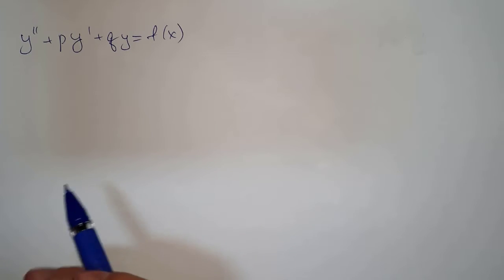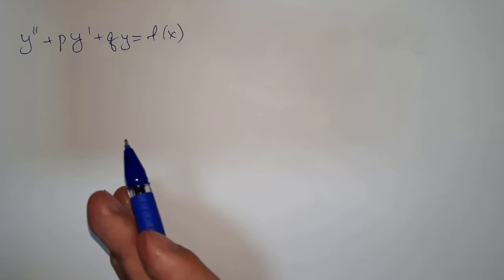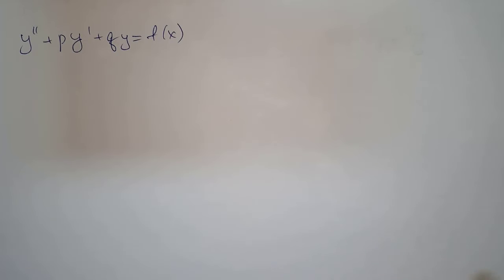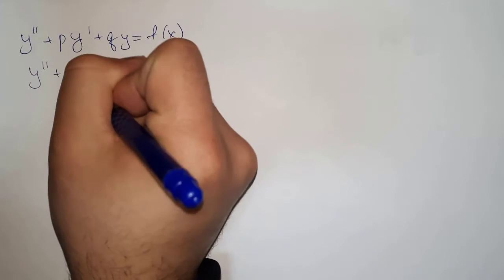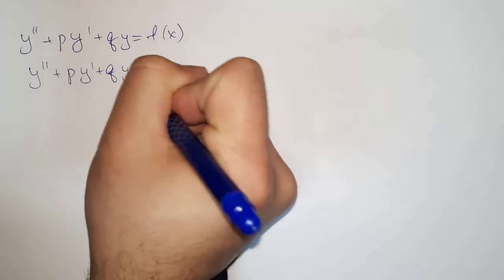They can be real numbers or complex numbers. For each such equation, we can write the related homogeneous equation: y double prime plus p y prime plus q y is 0. This is the homogeneous equation.